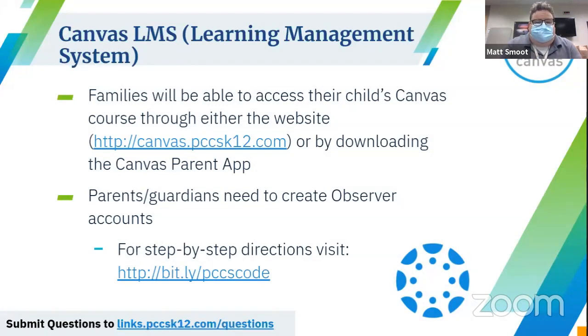One of the nice things about Canvas is its comprehensive organization with families. Families will be able to access their child's Canvas course by either, again, going through the website, canvas.p-c-c-s-k12.com, or you can download the Canvas parent app, again, through an iOS or Android device. Parents or guardians are seen as observers.